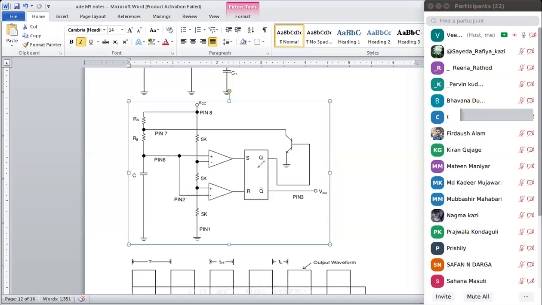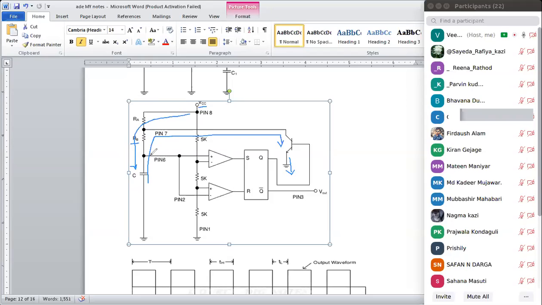After this, the same VCC pin is connected to the capacitor. The capacitor is now going to charge and discharge. It charges from VCC through RA and RB, and then it discharges through pin number 7 and the transistor towards the ground.